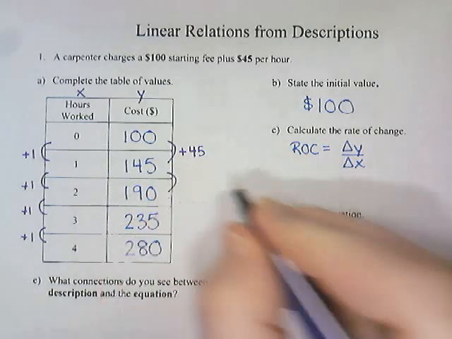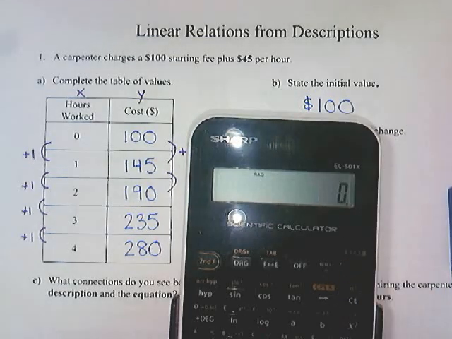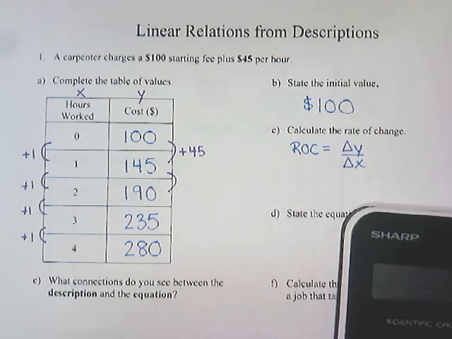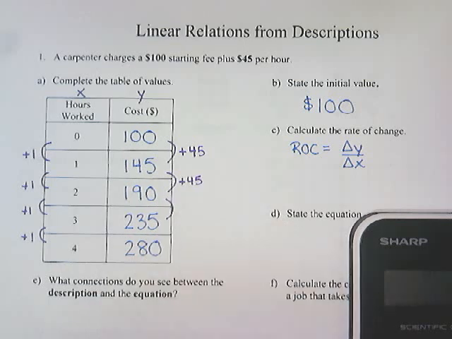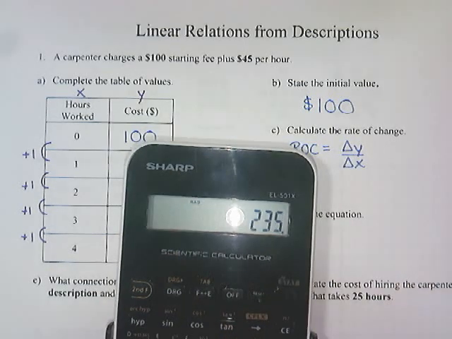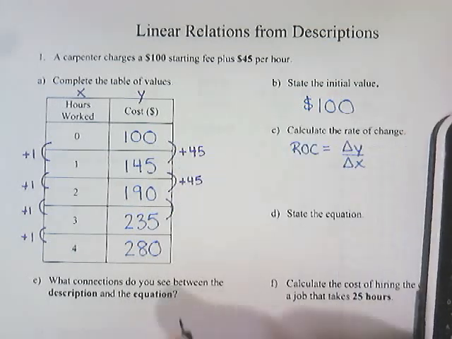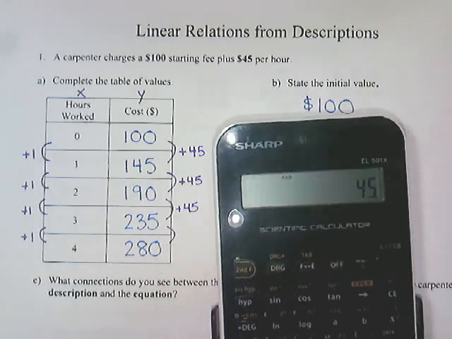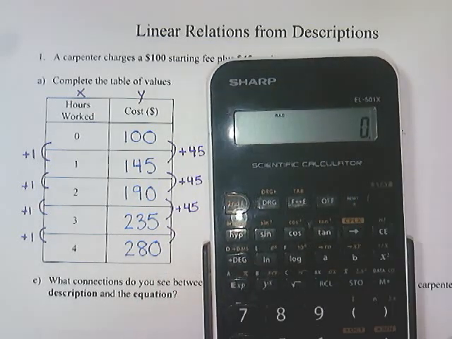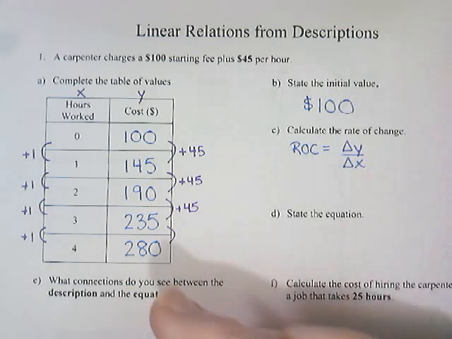All right, 190 take away 145 is 45. 235 take away 190 is 45. And 280 take away 235, not 234, is 45.